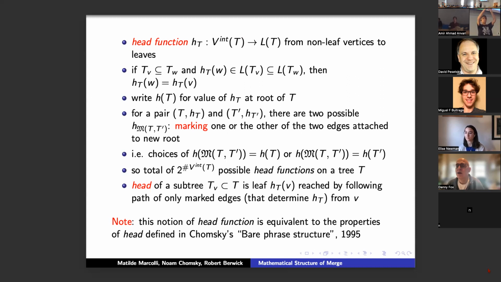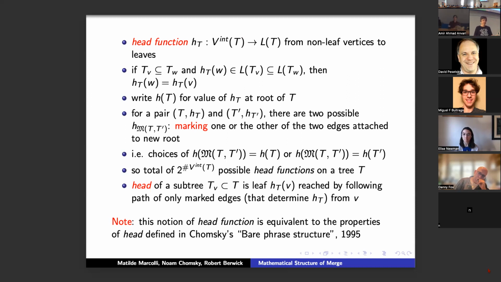So I start at the root, I go down, every time I have two edges, I color one white and one black. Then if I am at a certain vertex, I follow all the black edges down, and that's going to take me to some leaf. If I do this, the property that I just stated is automatically satisfied, and so this is a head function. In fact, every head function is obtained by this procedure, by one choice like this.